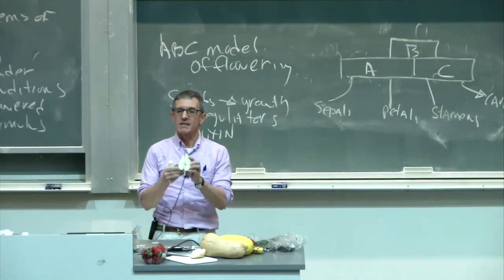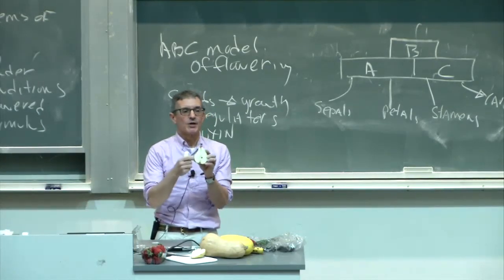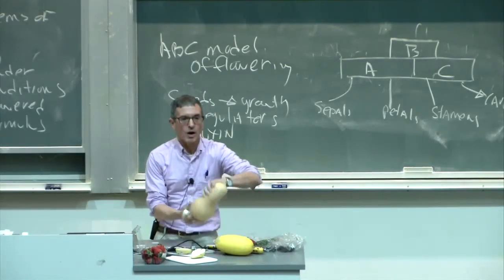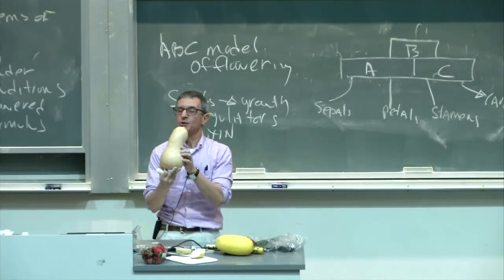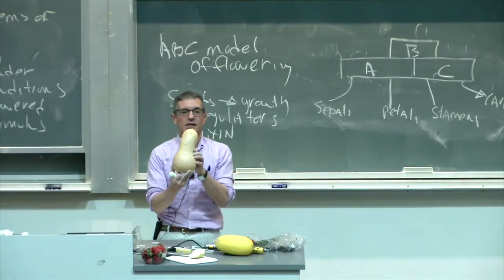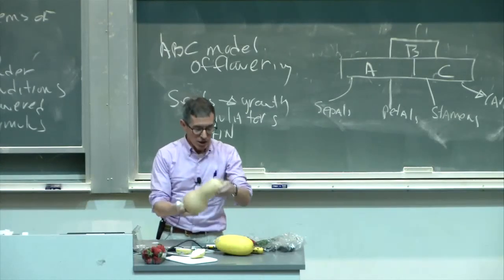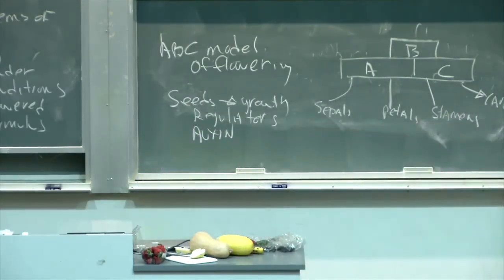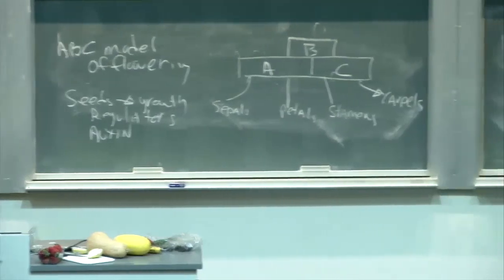If you wanted to test that experiment with something like a pear, you'd have to dig into the pear and take out the seeds. Or in this squash, you'd have to injure the squash to dig into it to take out the seeds. Not a very good experimental system. So this takes us back to our strawberry. In the strawberry, the seeds are on the outside of this particular structure.